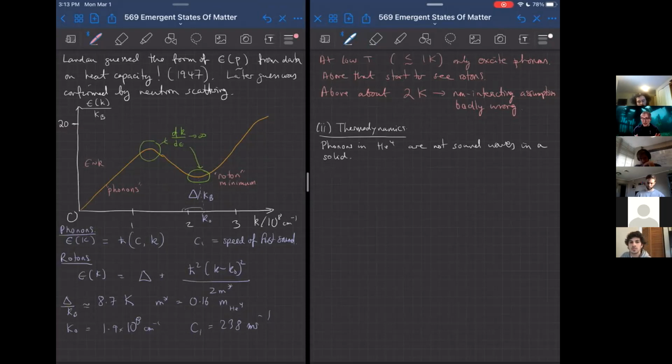Usually when you think about phonons in solid state physics, you think of literally sound waves in a solid. And the reason for that is that in a solid you have longitudinal and transverse modes. And you can have transverse phonons in a solid because you have a static shear modulus.